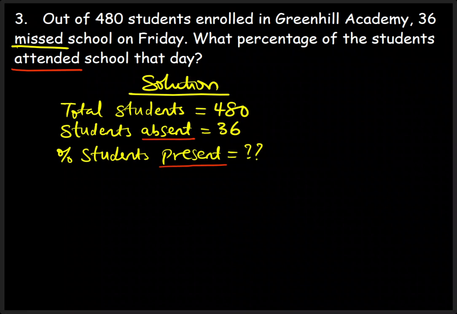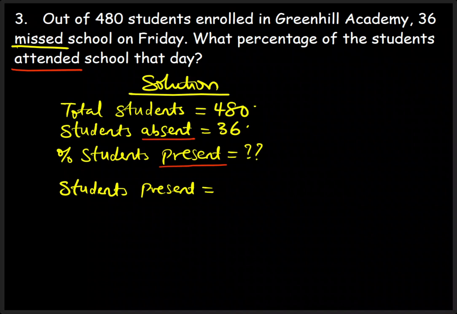And how do we do that? Let's see. Number of students present. So if you have in a school of 480 students, then 36 are absent. How do we find the number?